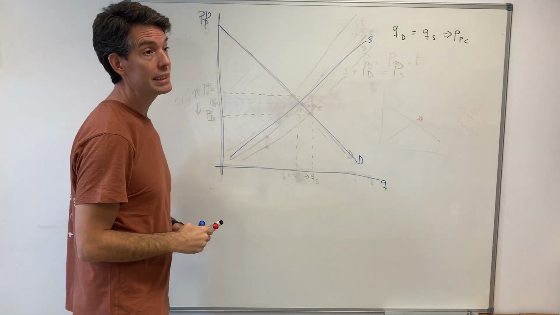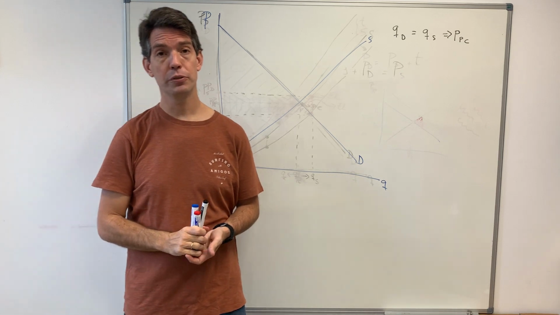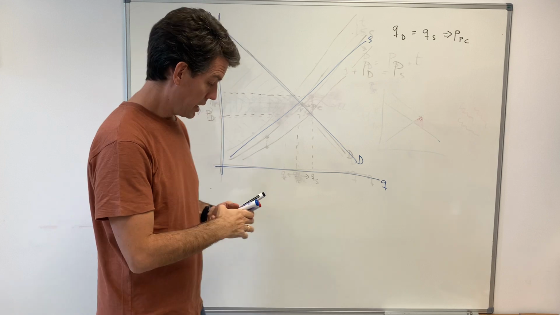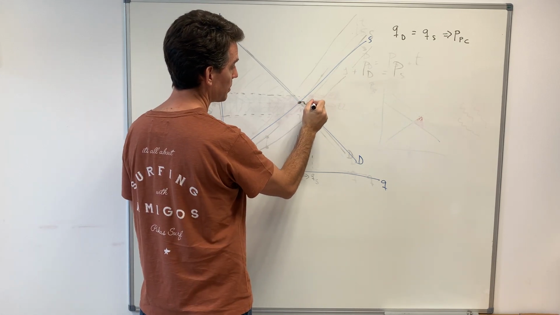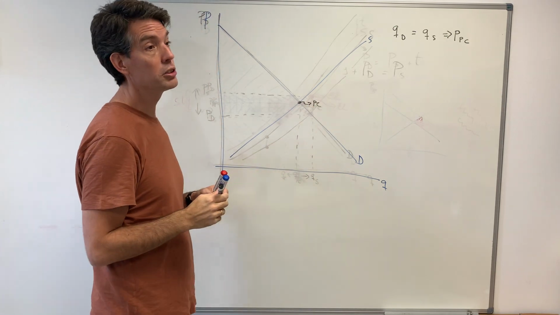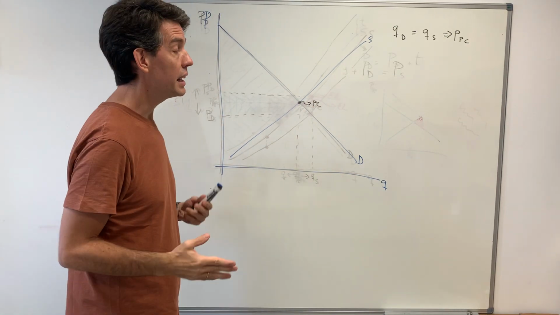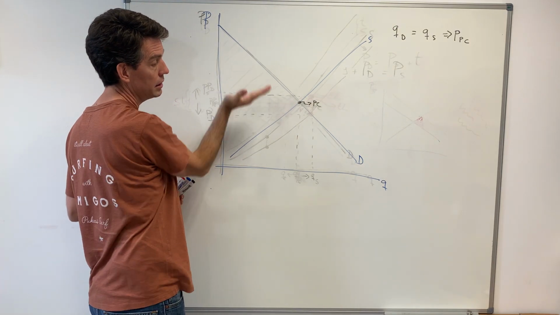And now, let's assume that the government says the maximum price that can be charged for a good is some particular price, right? Well, if this is the point where without that limitation, this is the perfect competitive point, notice that the effects of a maximum price are going to be different if that price is above the perfect competitive one, than if it's below.